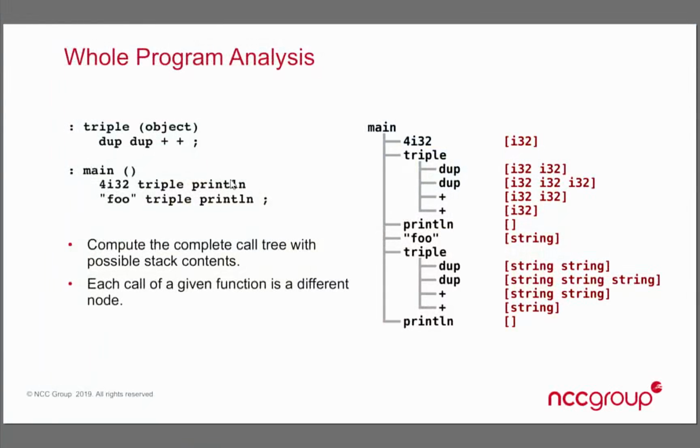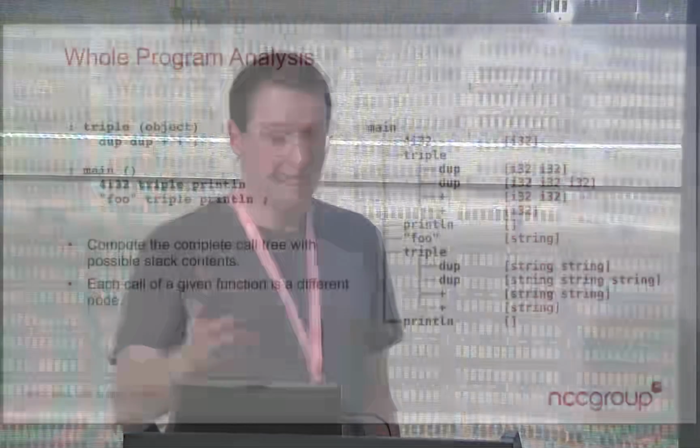Here's the secret weapon to make the whole thing work. It means that all the type analysis which is performed by the T1 compiler is not on a per function basis, it's on the whole program. The idea is that here you've got a function called triple, which is defined to be invoked on any object. What it does is duplicate the value twice and call the plus function twice, which is supposed to add it to itself if it's an integer.